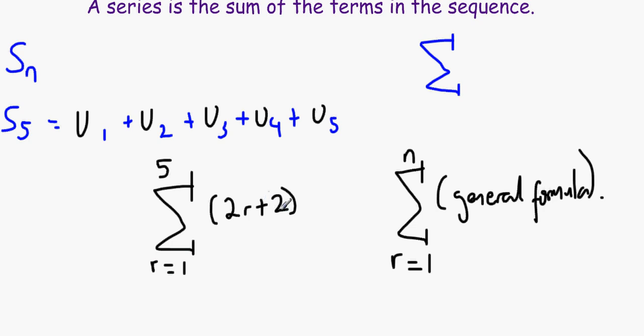These are all part of a finite series. A finite series means that it stops at a particular term in the sequence. Infinite is when it carries on and on and doesn't stop.